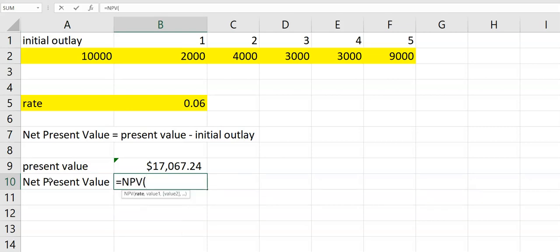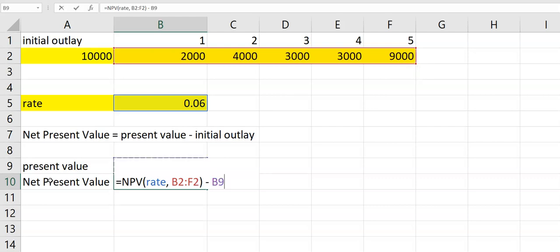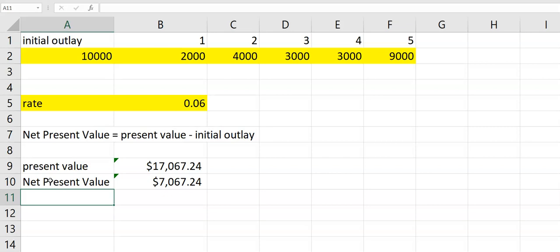NPV of my rate minus my initial outlay. That makes more sense. Let me copy these two over.